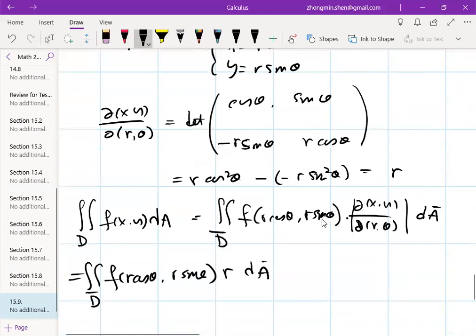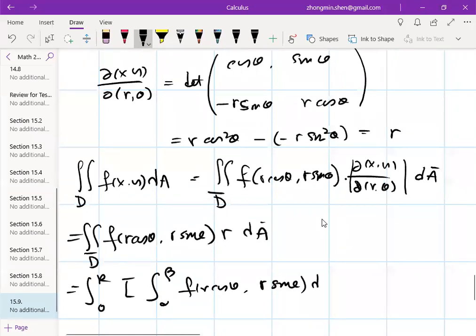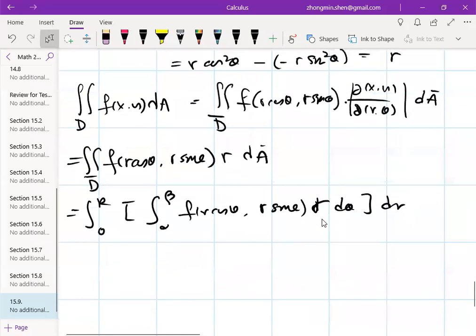Because D bar is a rectangular region, you can simply write 0 to capital R, and alpha to beta, and this will be r dθ dr, for example. So those are the formulas we're going to use.